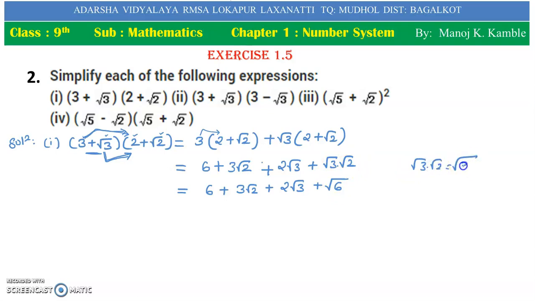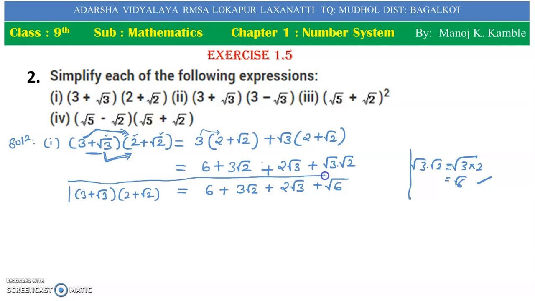So common root here 3 into 2, that is equal to root 6. Okay, so this is the simplification for the first question, (3 plus root 3) into (2 plus root 2). So this is the answer for Roman 1.